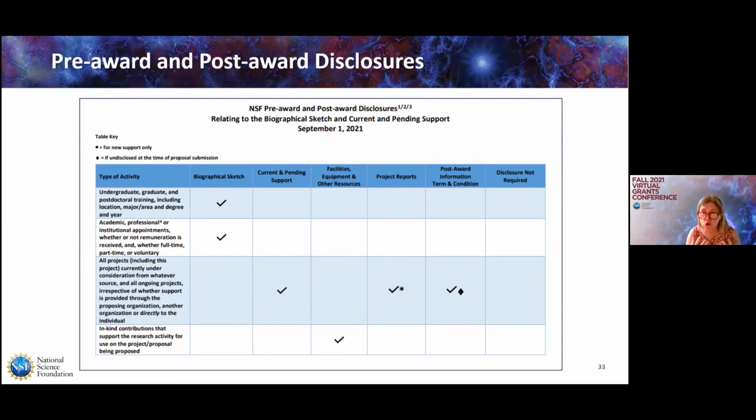I would strongly recommend you use this as your cheat sheet, if you will, to understand better NSF's expectations regarding the disclosures that we expect you to provide in NSF proposals.